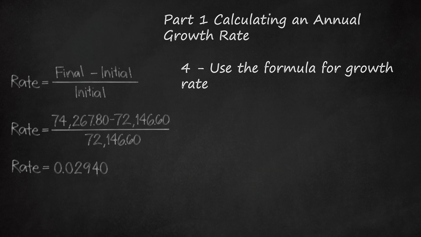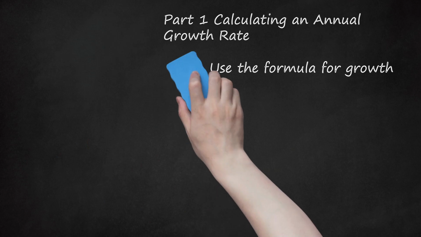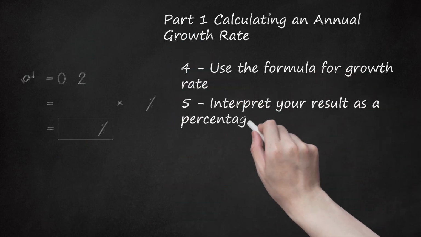Rate equals $74,267.80 minus $72,146.60, divided by $72,146.60. Rate equals 0.02940.